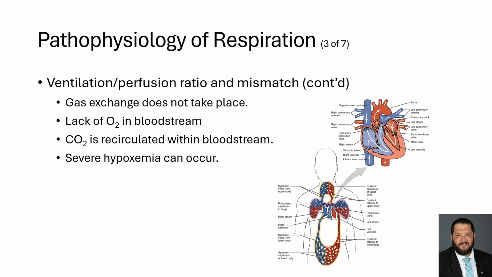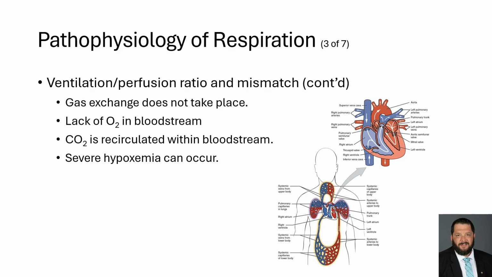So for example, if we look at something like a large pulmonary emboli, where a clot is in the lungs preventing blood flow from reaching the alveolar tissue, then despite the effort of the lungs and the pulmonary system to oxygenate blood, no blood flow is getting to that area of the lungs, and that blood thus doesn't engage in that gas exchange of oxygen and carbon dioxide.